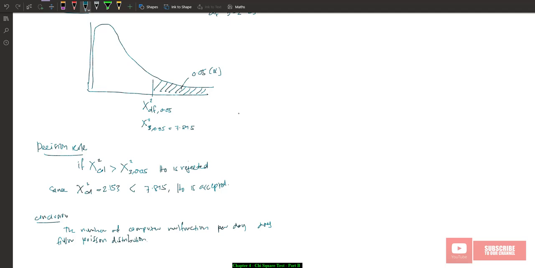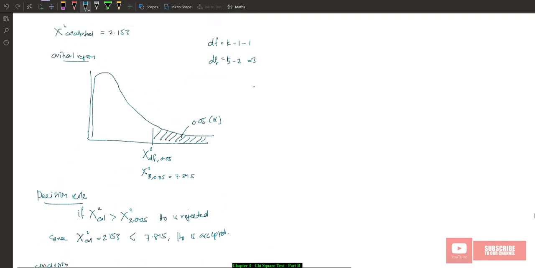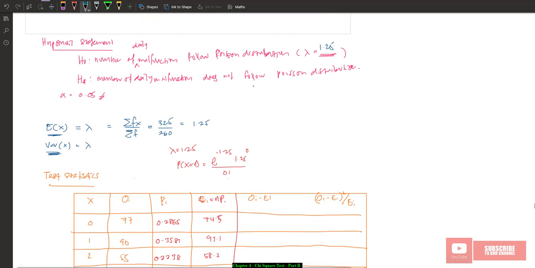So that's how we use a goodness of fit test to test whether the data is following some distribution, whether the binomial distribution or the Poisson distribution, or you can twist to normal distribution, Bernoulli distribution, gamma, and so on, right? So it's the same procedure, same steps, right?